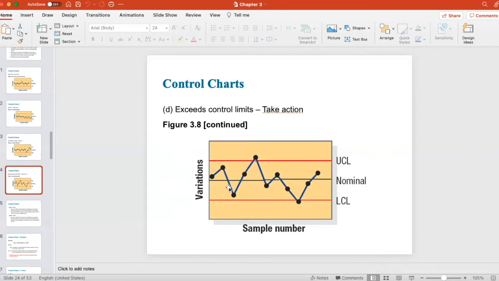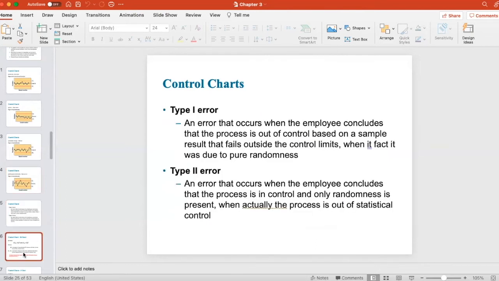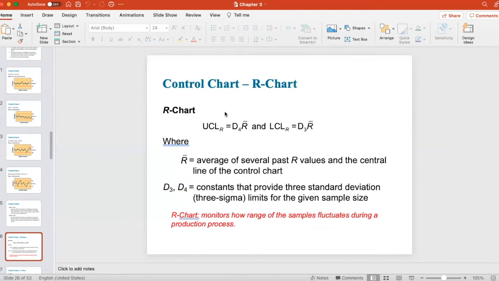But no matter which type of chart, you always need to calculate the corresponding UCL and LCL. I will talk about how to calculate UCL and LCL in detail just in a second. But remember, no matter which type of chart, you need to calculate the corresponding UCL and LCL.